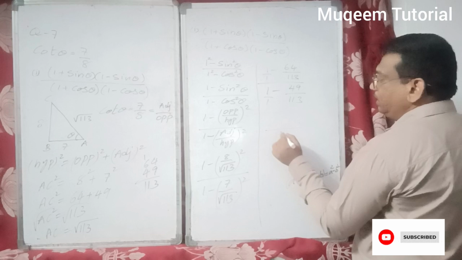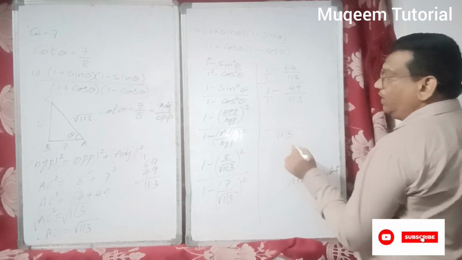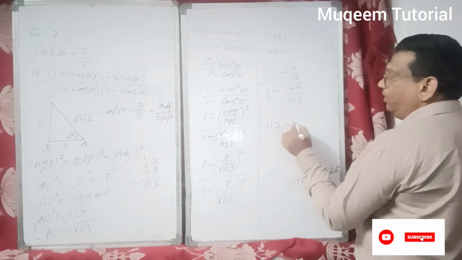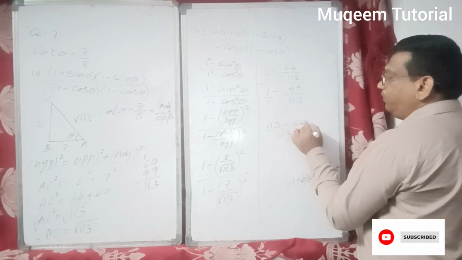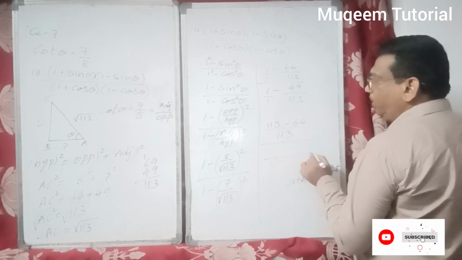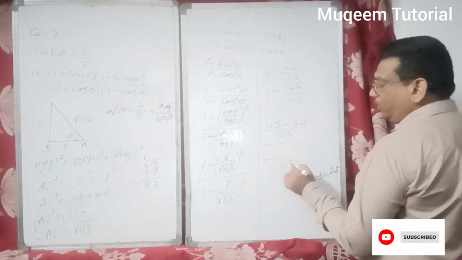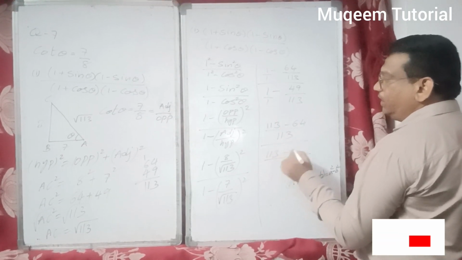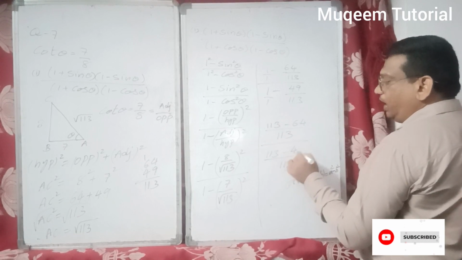Upside LCM is 113: 1 into 113, 113, minus 64 into 1, 64. Downside LCM is also 113: 1 into 113, 113, minus 49 into 1, 49.